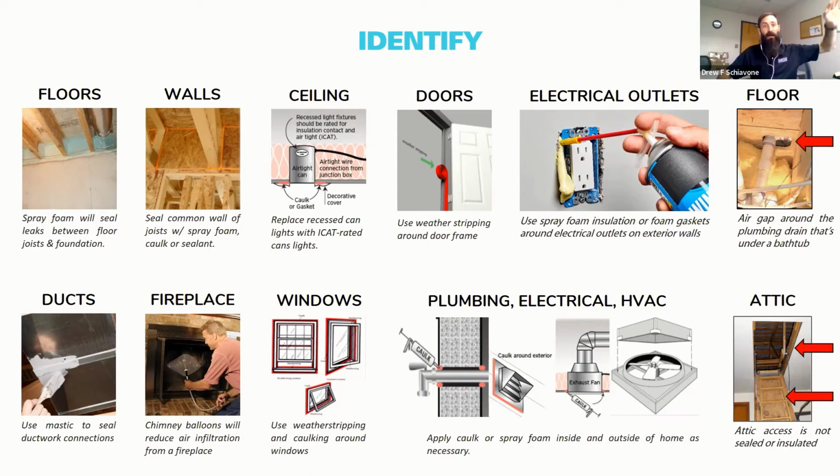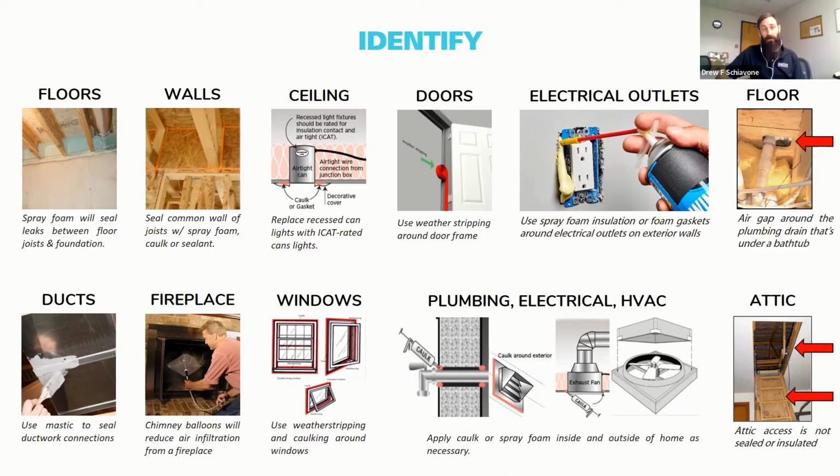That foundation goes right up into the floor of your main living space. And so that's a good area to seal there. So that's one example. In any walls, and not just exterior walls, but especially with walls that you might share with an unconditioned space like your garage. If you don't have heating and cooling in your garage, it can still be connected to your living space. And so you want to address those areas first and foremost.